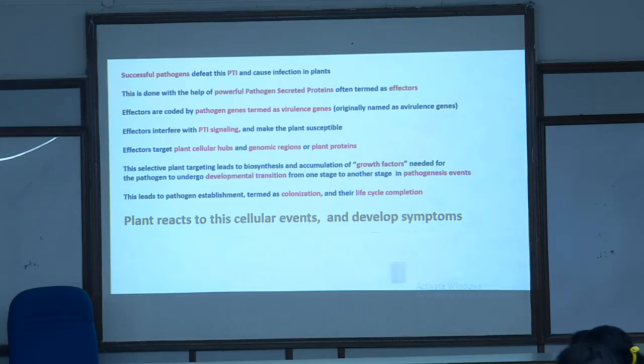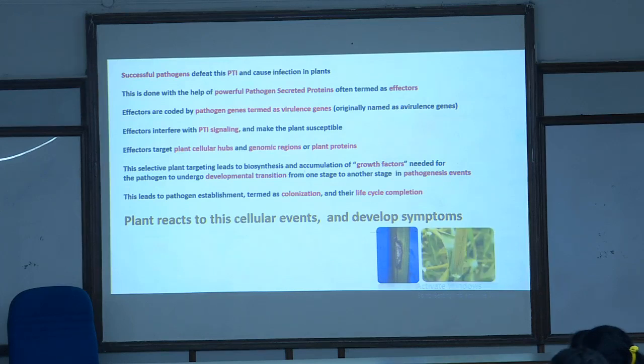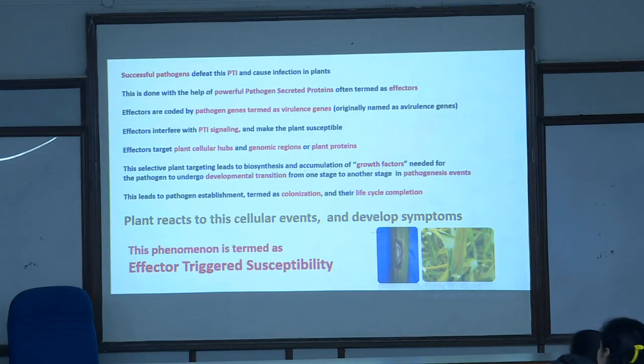And remember, the whole event is, end of the day, you start seeing the symptoms, or you start seeing the pathogen directly on the plant pot in the case of rust and powdery mildews. And this whole phenomenon is called as effector-triggered susceptibility, right?